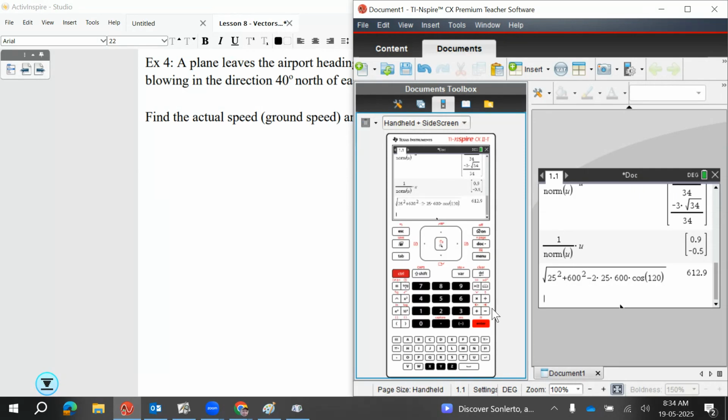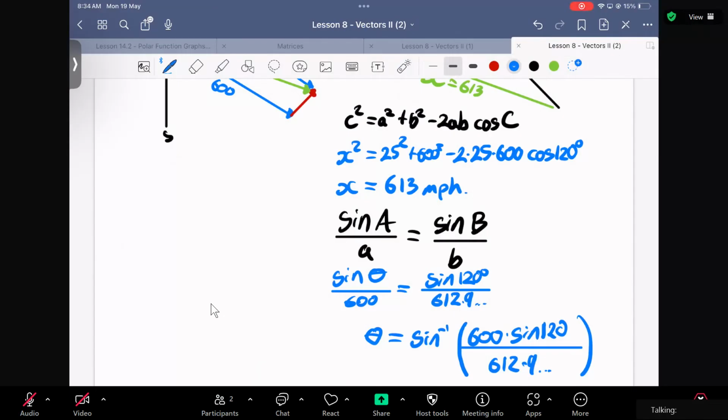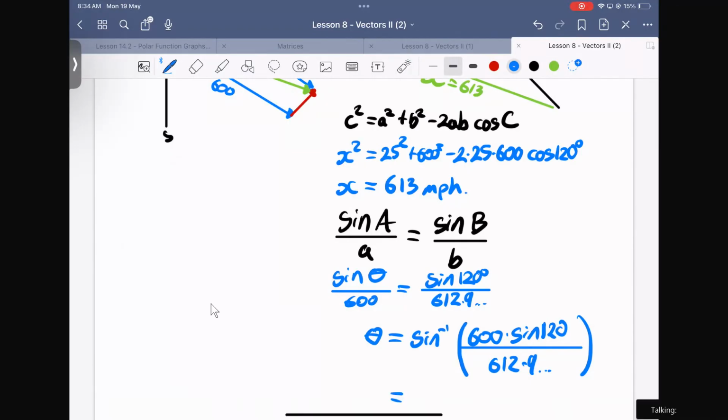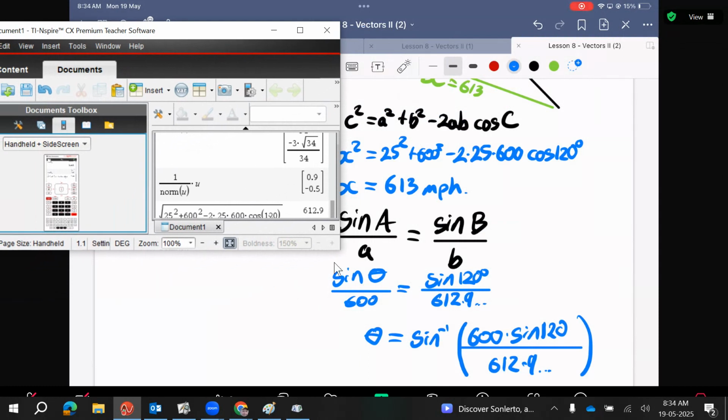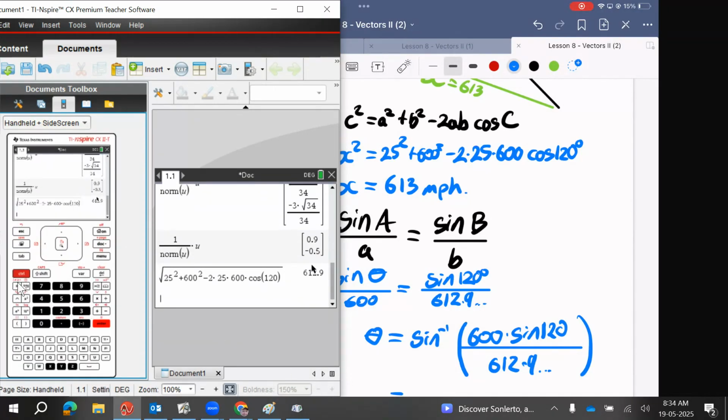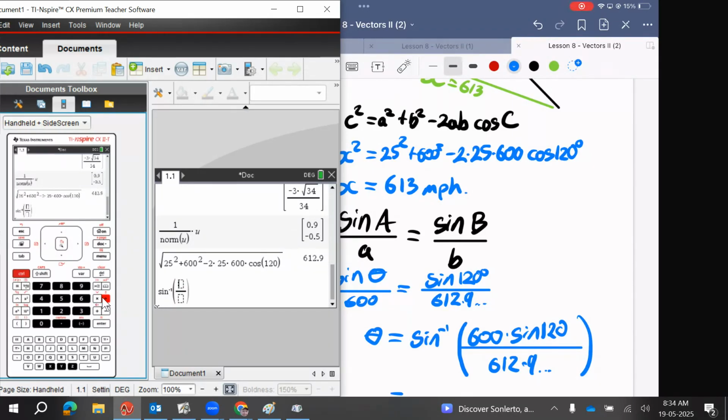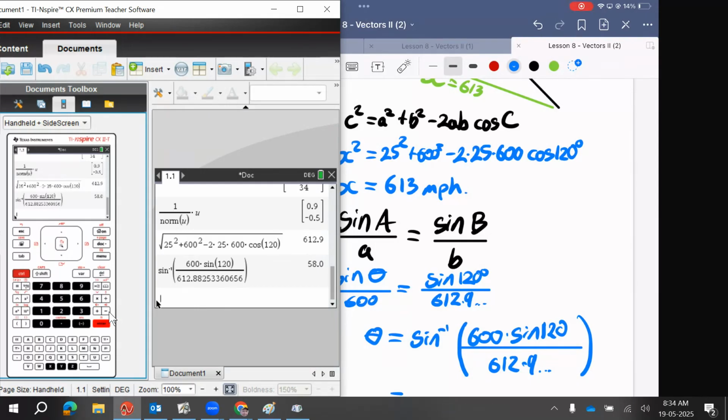What angle do we get? We should get 58.0 degrees.